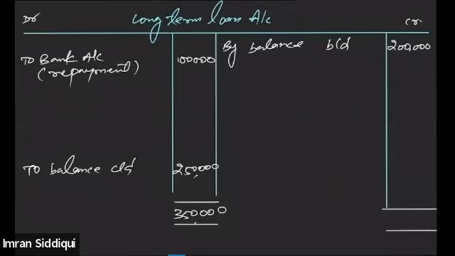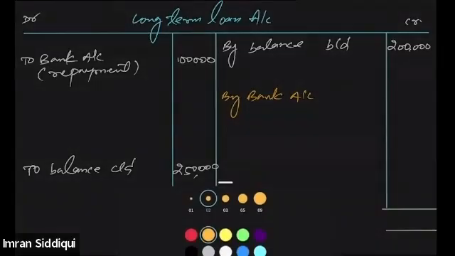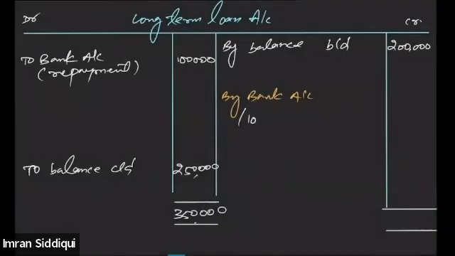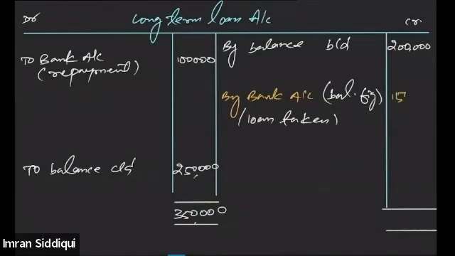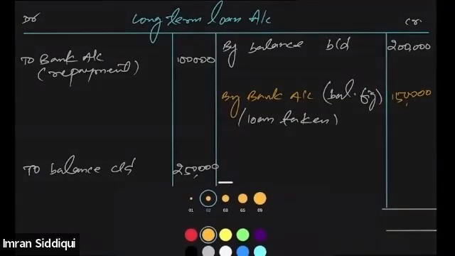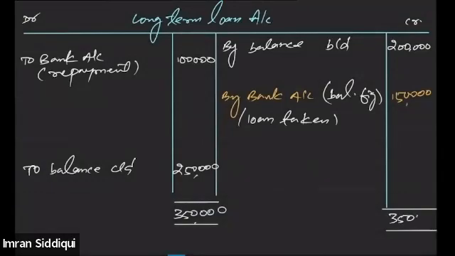This will be by bank account. This indicates loan taken this year. This is the balancing figure, and the amount will be 1,50,000. Now totaling this, we should get 3,50,000 on both the sides.